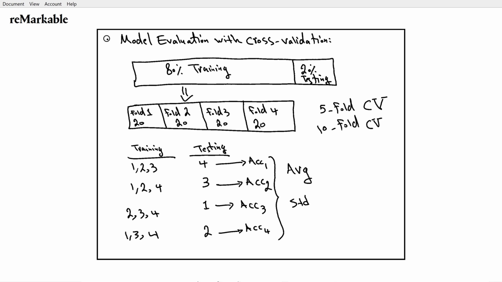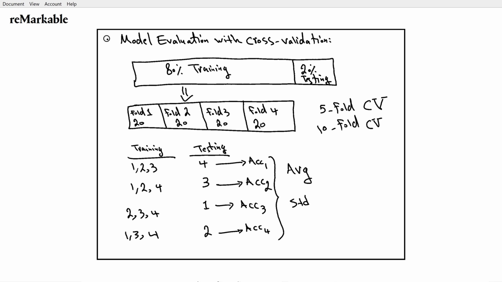One thing you have to pay attention to is the reason we are doing the cross-validation is because we want to get a more stable estimation of the accuracy of the model on our data set. And typically, if you have a large data set with lots of training rows in it, you can do 10-fold cross-validation or 5-fold cross-validation.